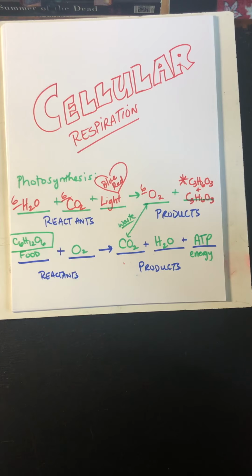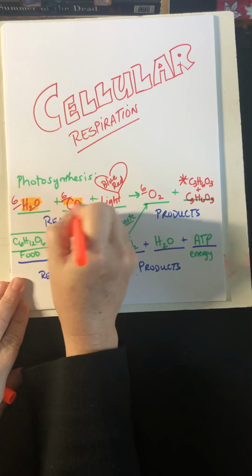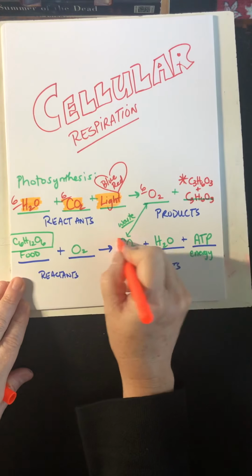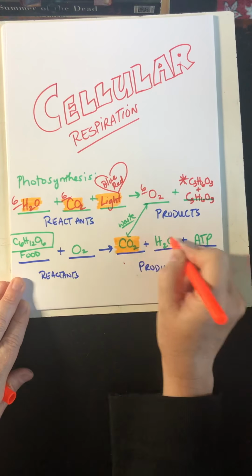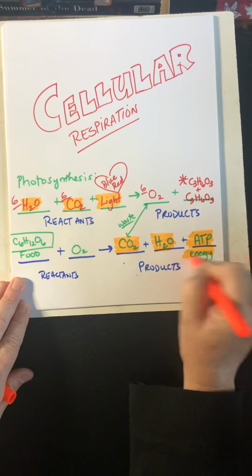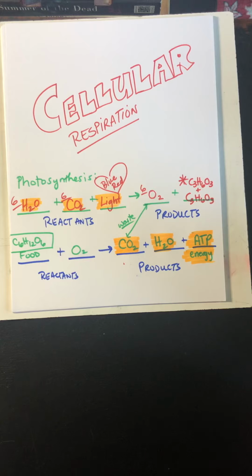Okay, so here is the thing about these 2 processes. The reactants are the same as the products. Okay, well, we don't make sunshine, we make energy. So light and energy are the same. So the reactants and the products are the same.